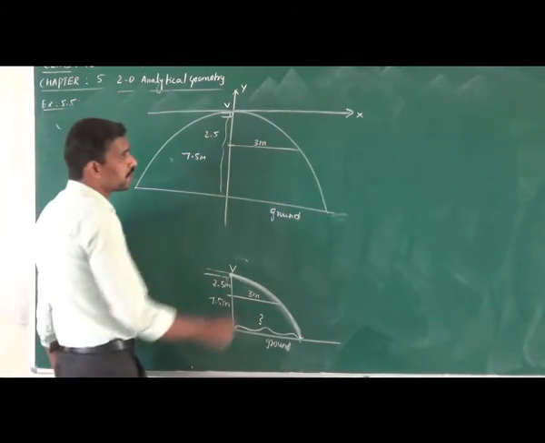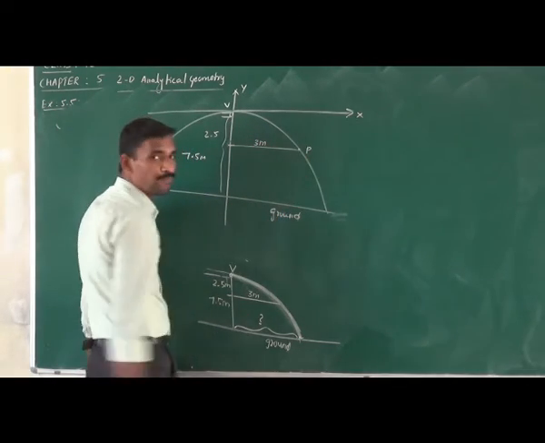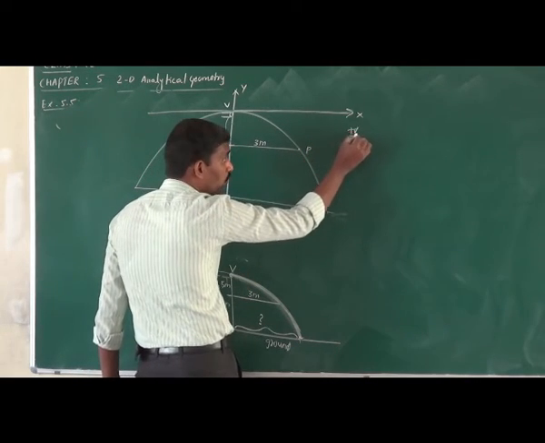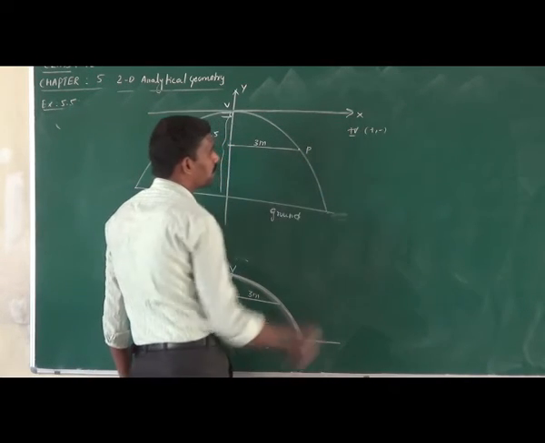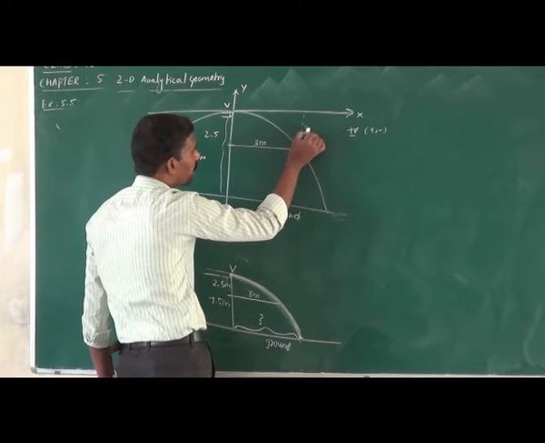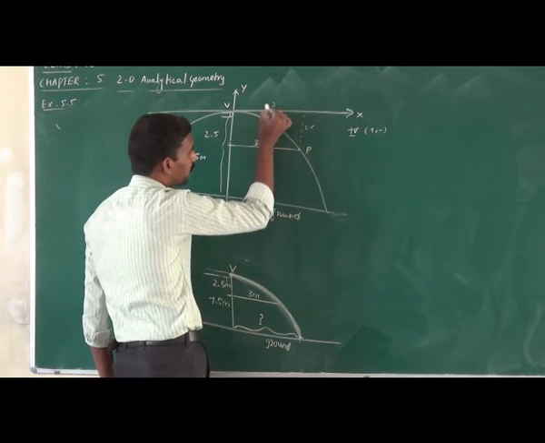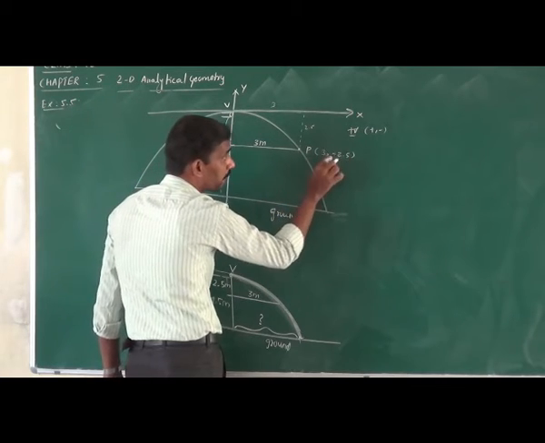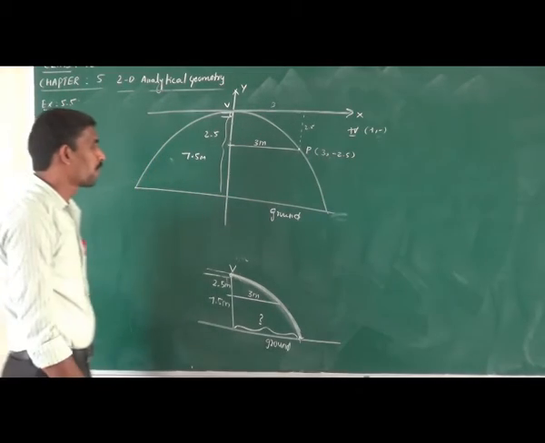So now imagine that this is a point P. The point P lies in the fourth quadrant. The fourth quadrant is always plus comma minus. So this vertical distance is 2.5 and horizontal distance 3, so the point we can write as 3 comma minus 2.5, because this is the fourth quadrant.